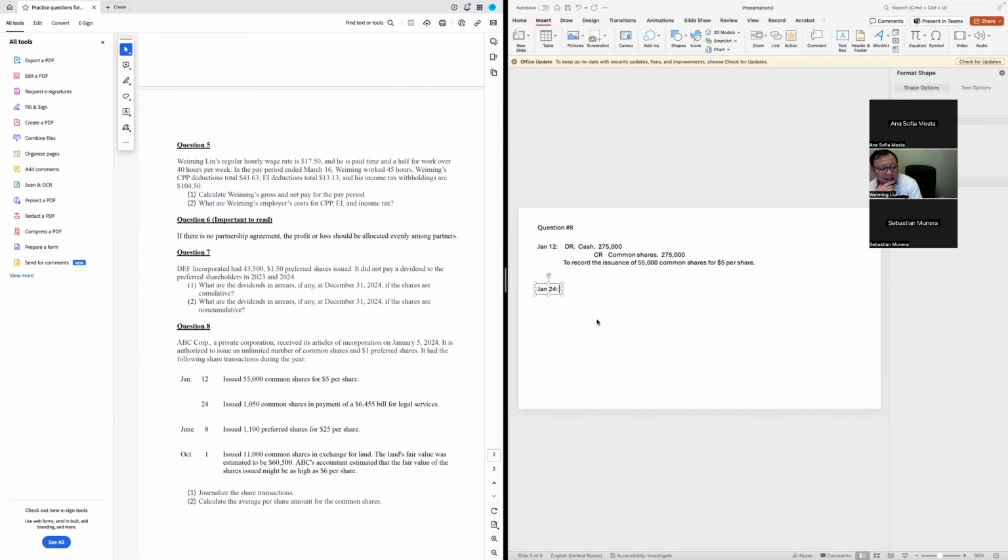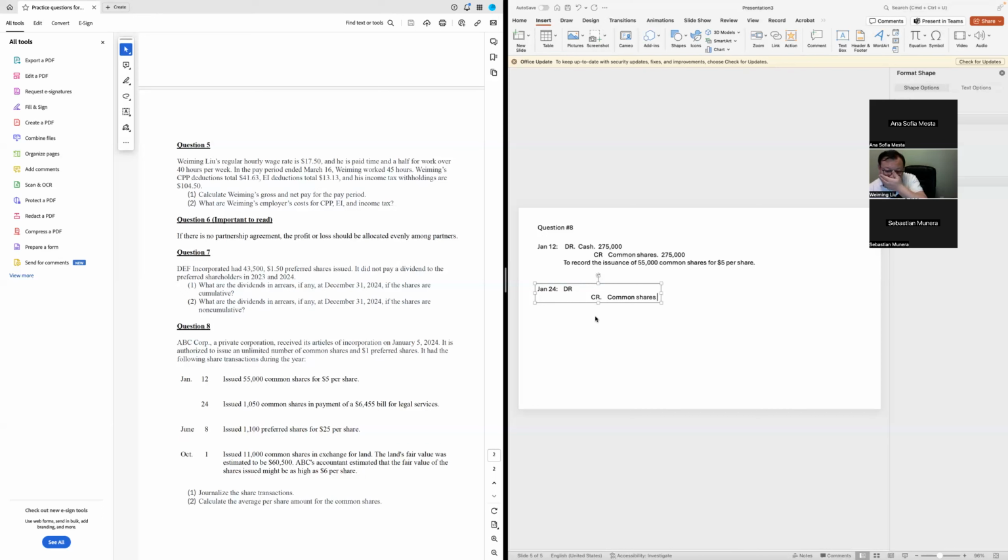This is the case where they issued common shares not for cash, but for a service, legal service. Does common shares increase? Yes. Should I debit or credit the common shares? If they increase, we should credit. Yes, credit common shares.